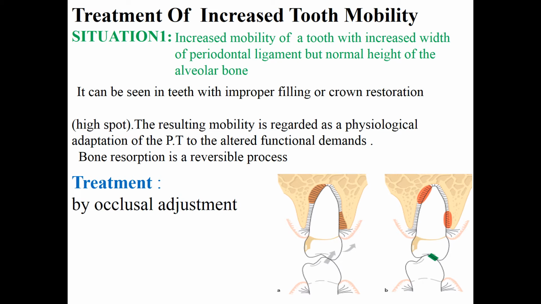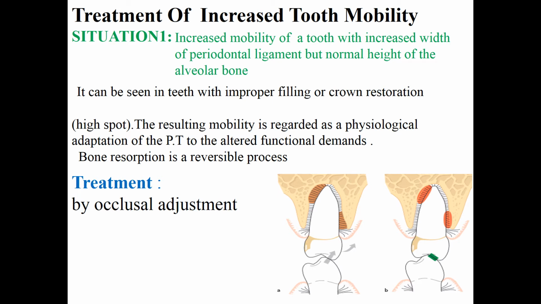We can see this condition in a tooth that has improper filling or crown restorations with a high spot. This will increase tooth mobility, and exaggerated force will be applied to the crown of the tooth, and there will be a pressure and tension zone. In the pressure zone, if the force remains, it will result in bone resorption and increase in the width of the periodontal ligament space.